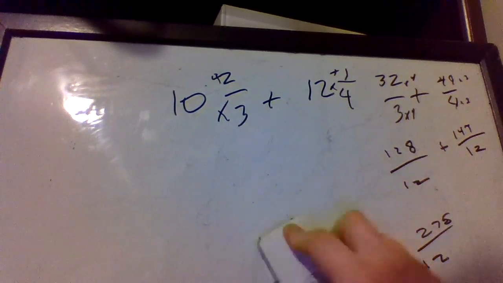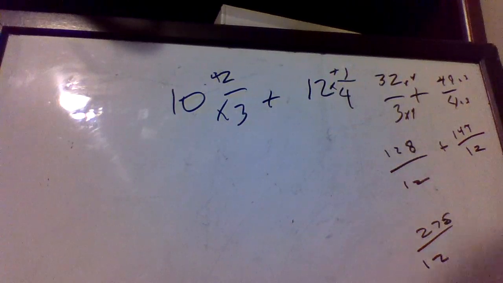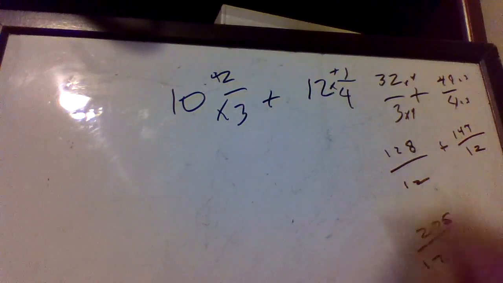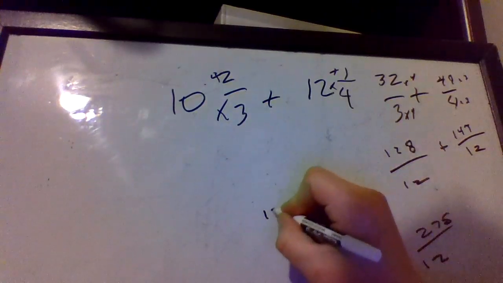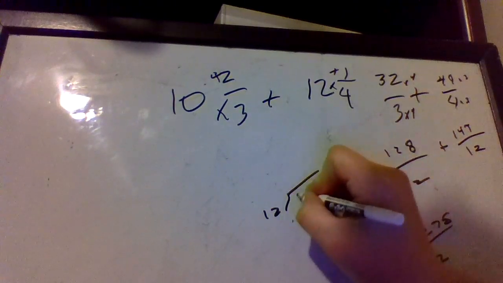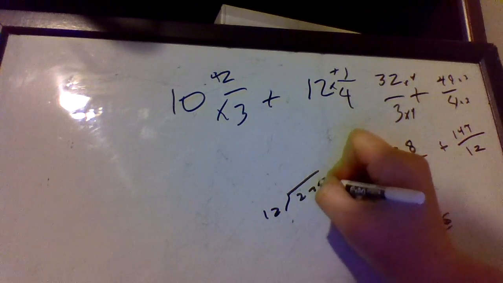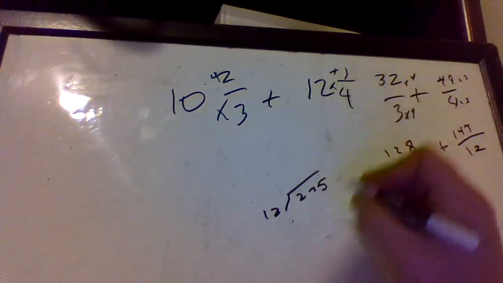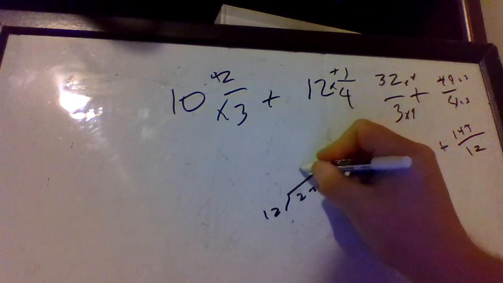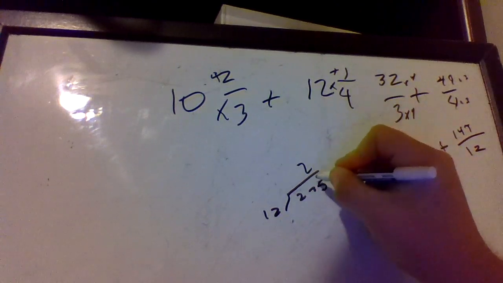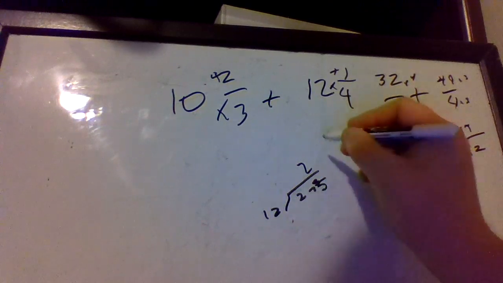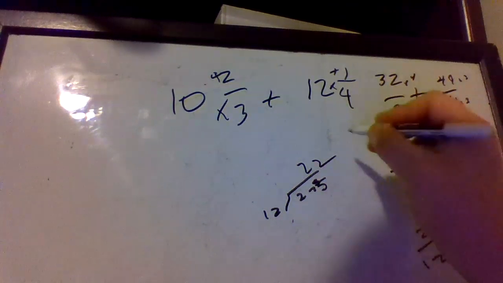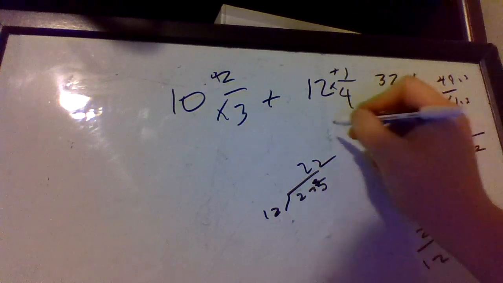So, we're going to do another bit of scratch work here. We need to turn this improper fraction back into a mixed number. So, we're going to say, how many times does 12 go into 275? Well, we know 12 goes into 27 2 times, with 3 left over. Oh, that's fun. And then 12 goes into 35 2 times, with 11 left over.